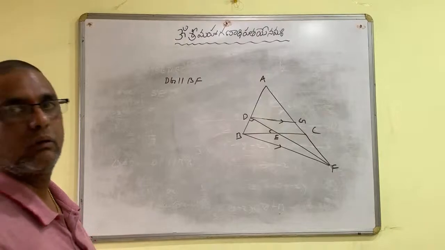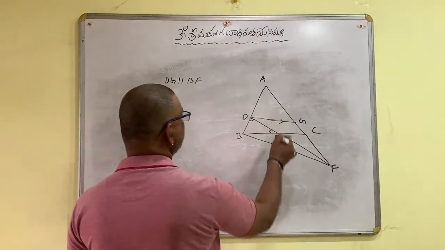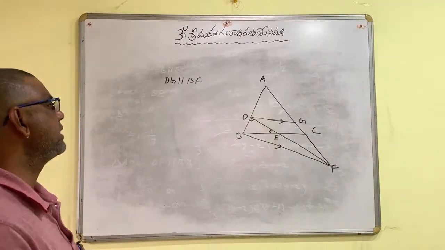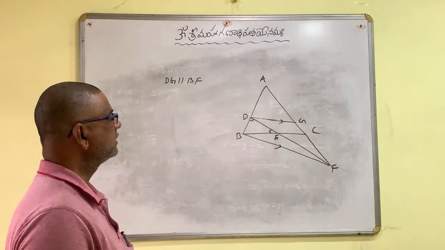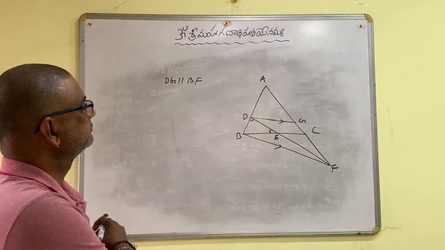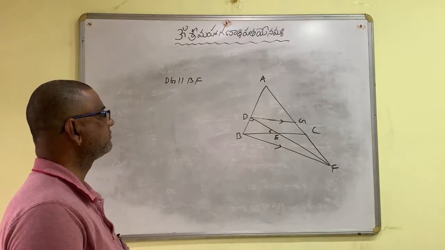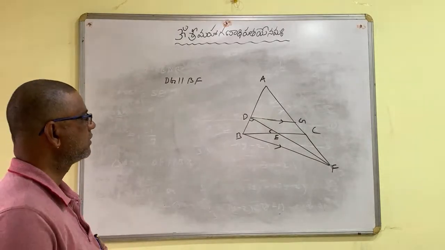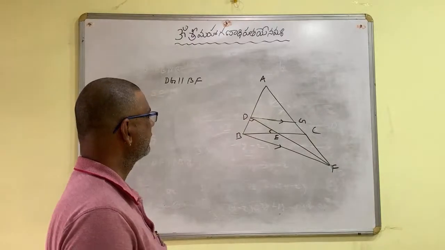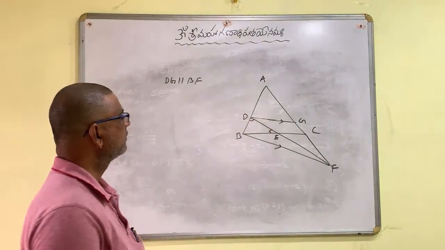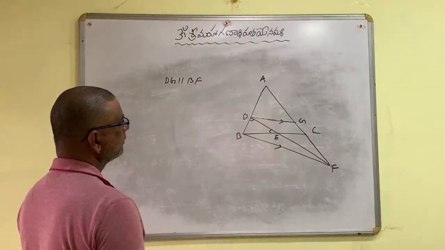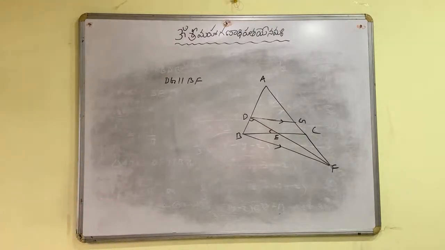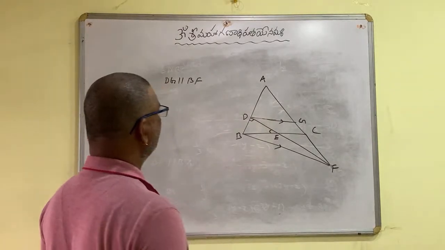Since DG is parallel to BF in triangle ABF, AD by DB is equal to AG by GF. AD by DB because DB is equal to DE.